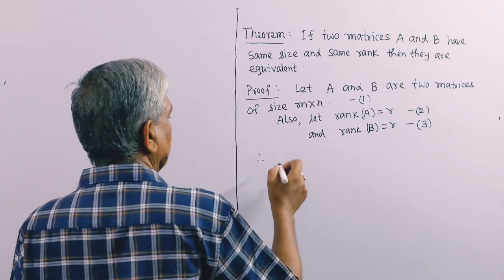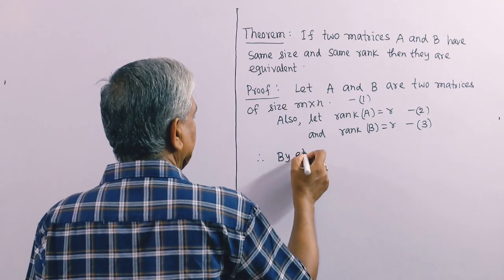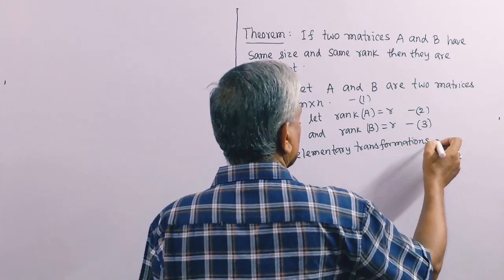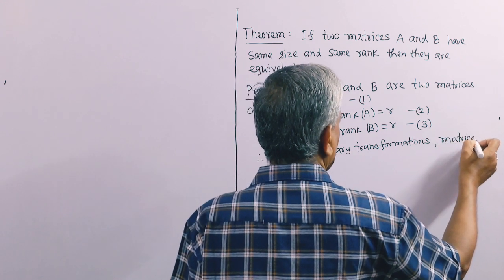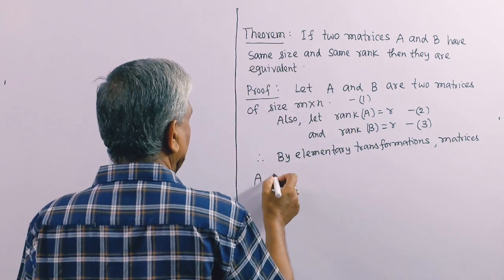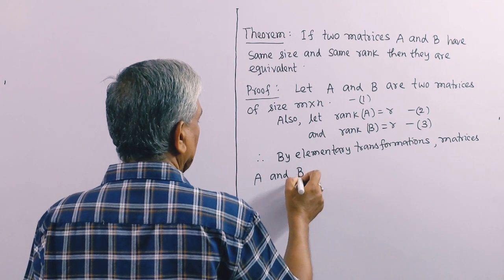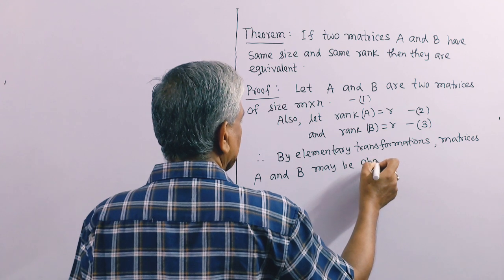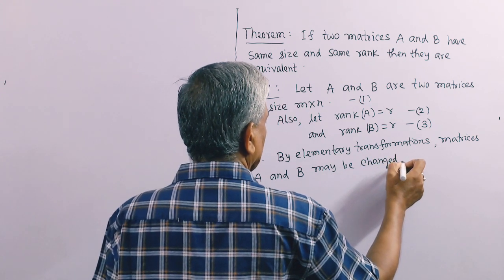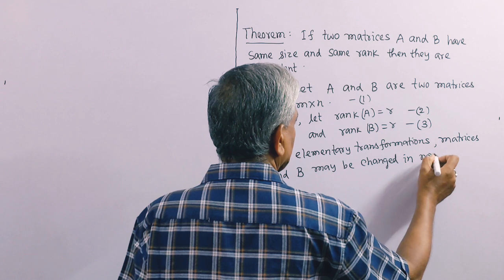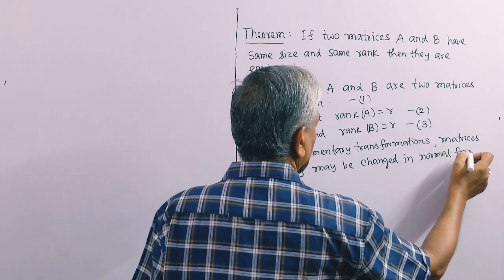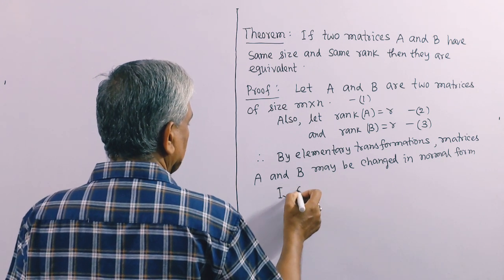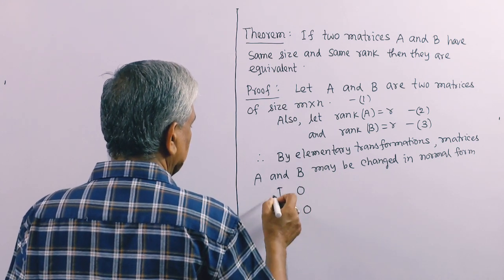Therefore, by elementary transformations, matrices A and B may be changed into the normal form [IR 0; 0 0].